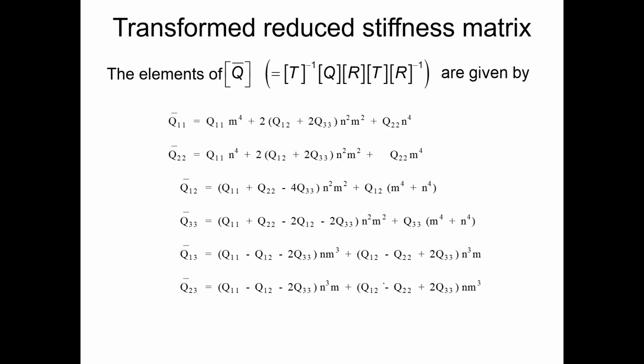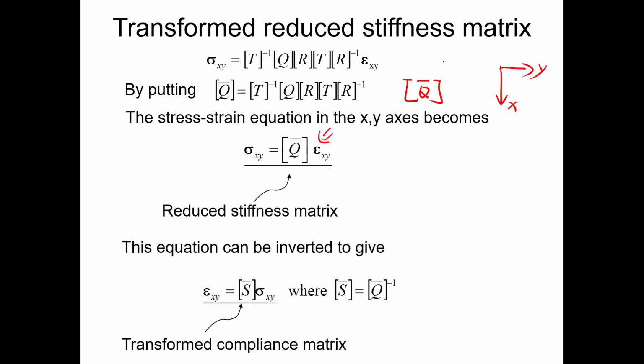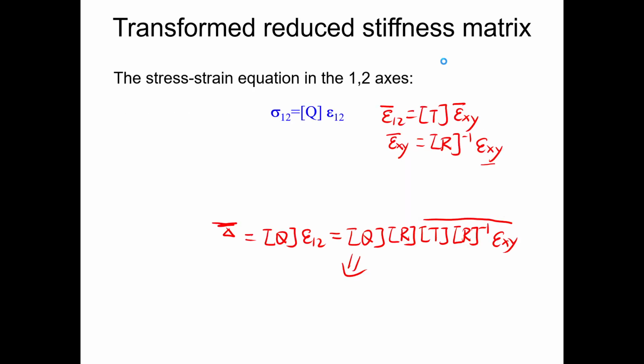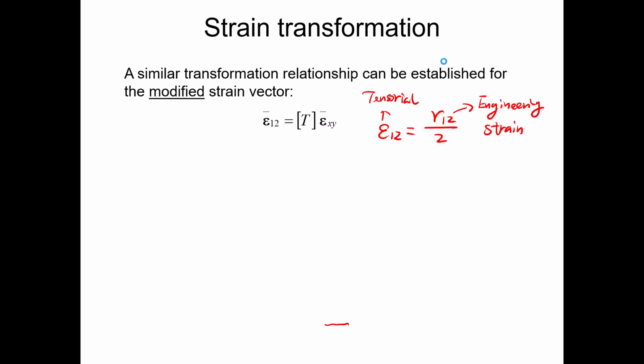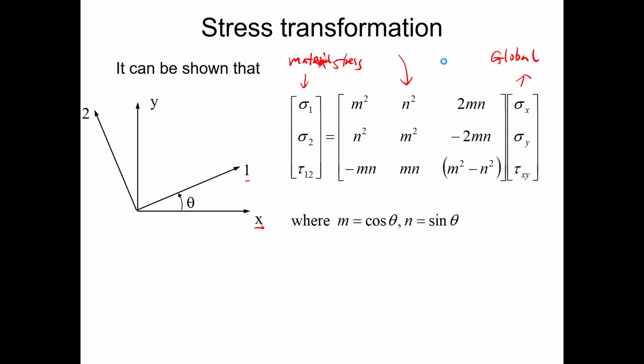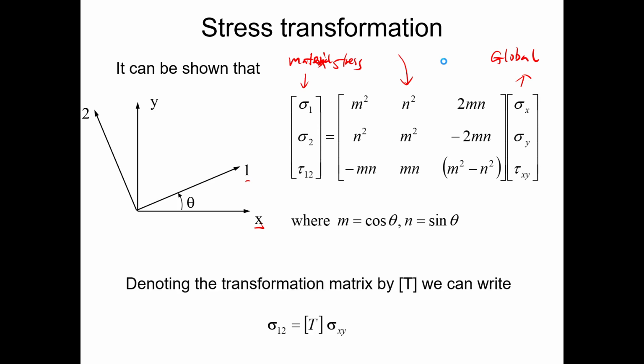We can derive Q bar based on this equation and expand the expressions for each term. Essentially it's dependent on Q and also m and n. If you remember, m and n are the terms in the stress transformation equations, where m equals cosine theta and n equals sine theta.